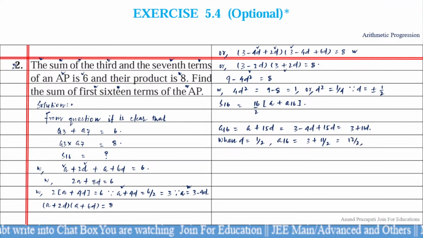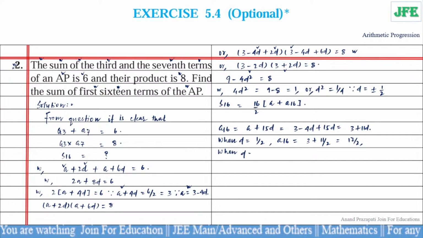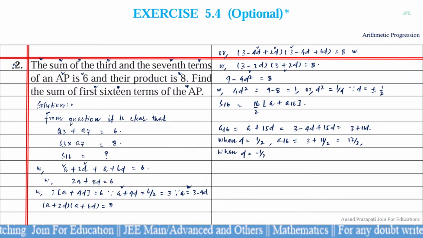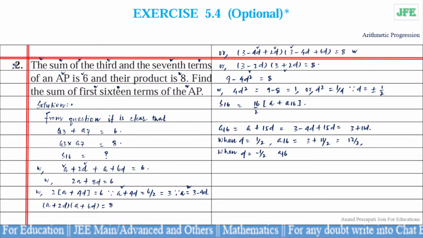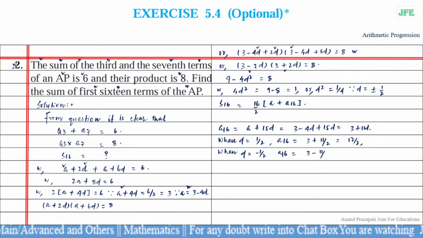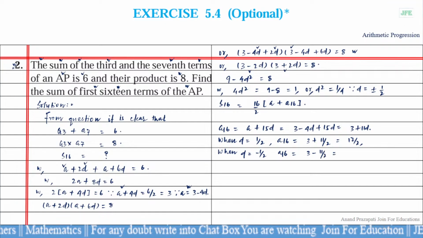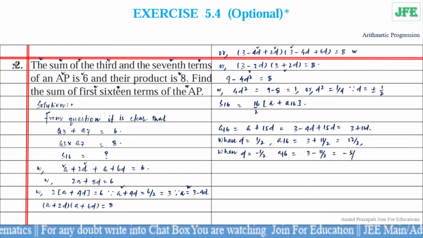And when d equal to minus 1 by 2, then a16 equal to 3 minus 11 by 2 equal to 6 minus 11 by 2, which is minus 5 by 2.